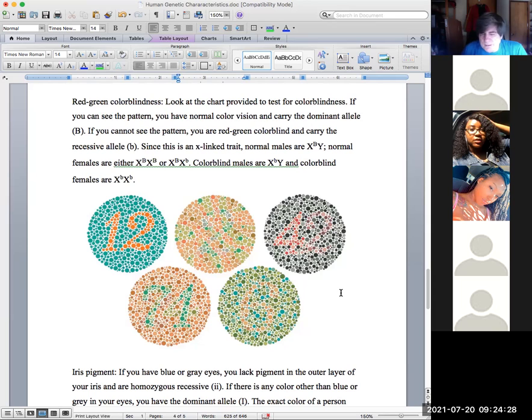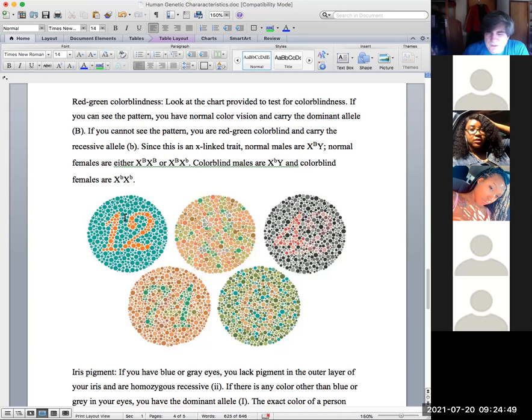People who are colorblind can't see the numbers in these circles. You should be able to see distinct numbers in several of these circles, 4 of them. One of the circles doesn't have a number.